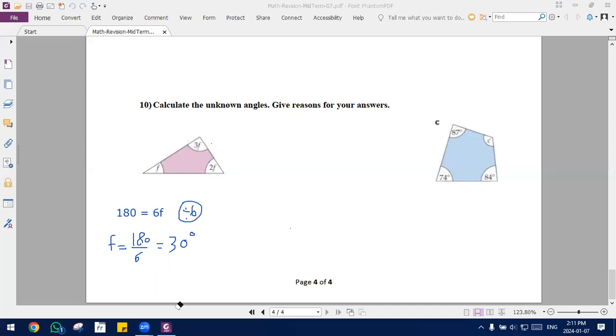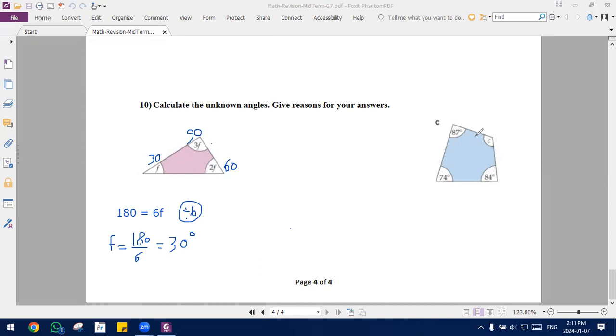I found only F. So F is 30. Now the next one on the right, it says 2F. So I do 30 times 2, which is 60. The upper one says 3F. So I do 30 times 3, which is 90 degrees.